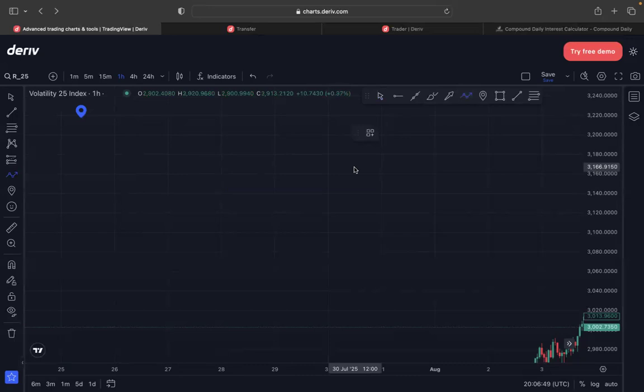Now, whenever you open the charts, forex, crypto, any kind of markets, the market will always move in one of these three ways.